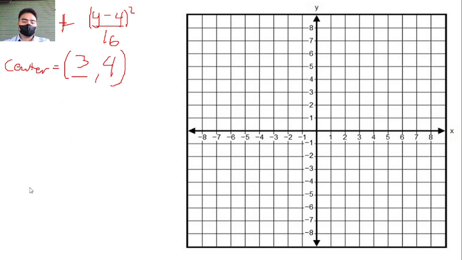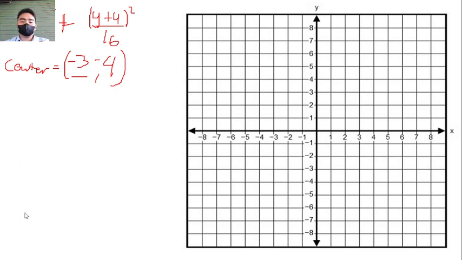But what if your values, for example, let's just say it is positive 3 and positive 4. So therefore, your x and y coordinates are negative. Okay? Because the standard formula is x minus h and y minus k, isn't it?